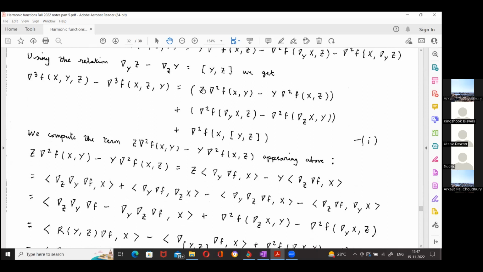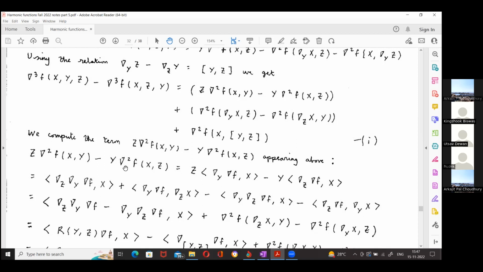Now let's compute the first term appearing here, z of nabla squared f of x, y, minus y of nabla squared f of x, z. Here we use the fact that nabla squared f is the Hessian, right? So nabla squared f of x, y, I can write as the Hessian, which is the inner product of nabla_y grad f with x.